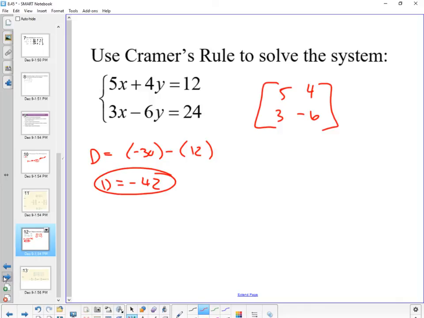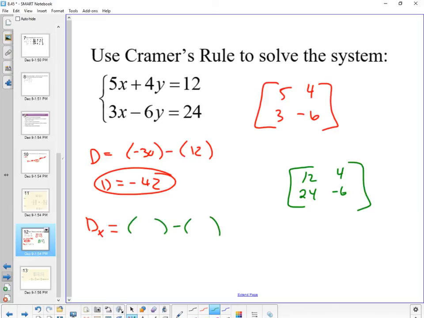Now, I'm going to find d sub x, correct? What am I supposed to do with d sub x? I plug the answers in. So for x, now I have 12, 24. The y's stay the same. Then I do the same process. 12 times negative 6 is negative 72.